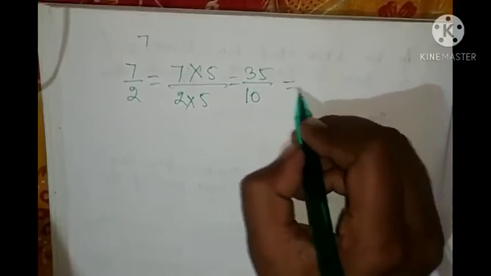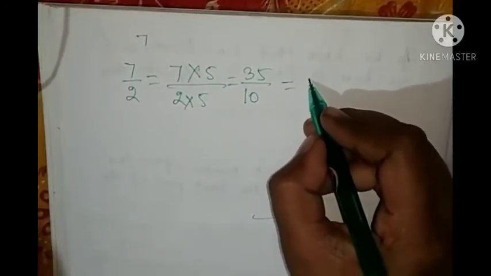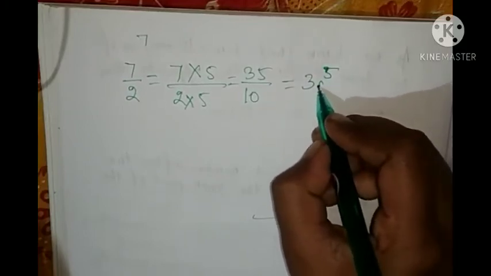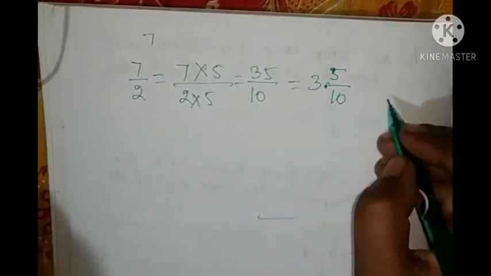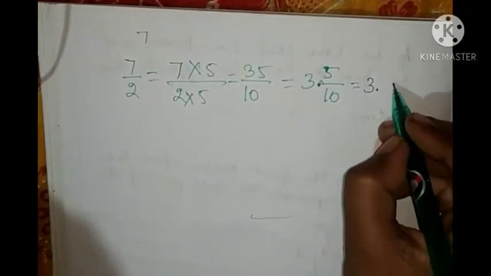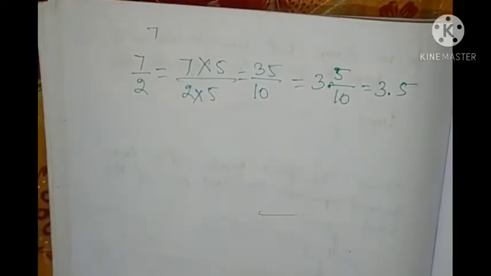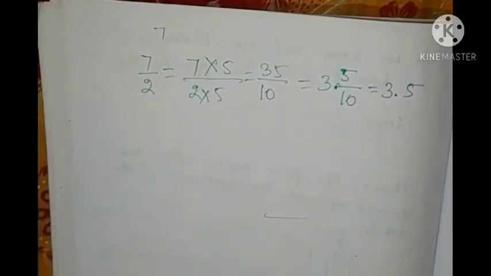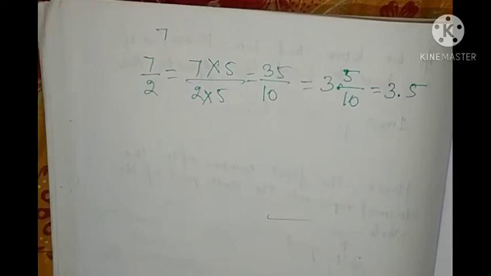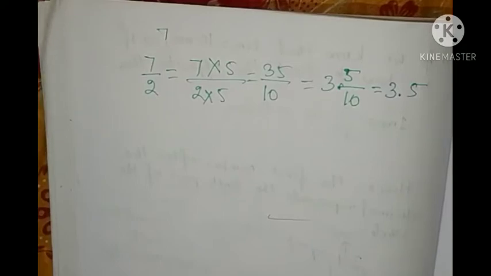So this one we can write as 3 and 5 by 10. Okay, so 3 is what? Whole number. So 3.5. Okay, so like that we can easily convert fractions to decimals if the denominator is not 10. We have to convert the denominator to 10 by making an equivalent fraction.